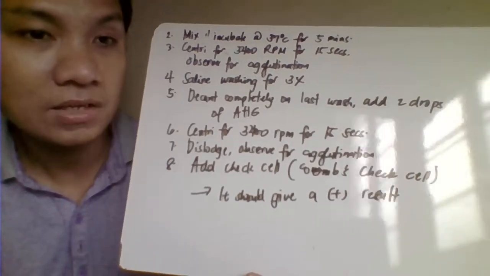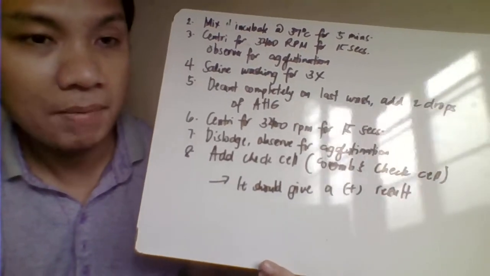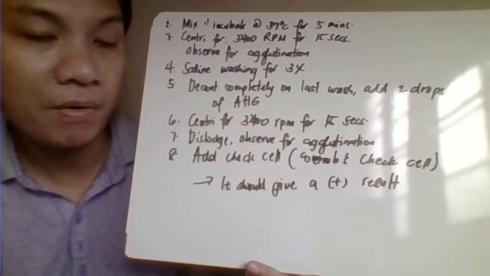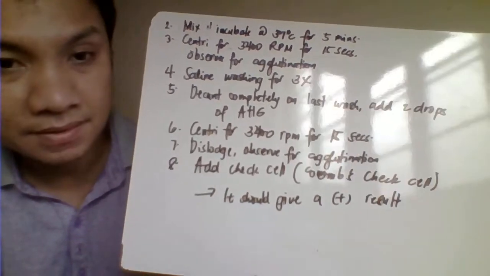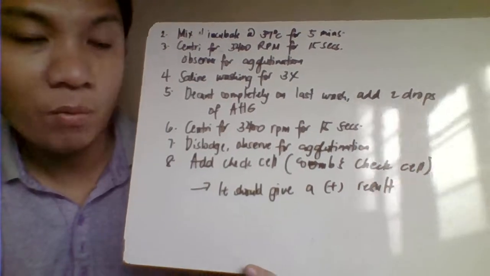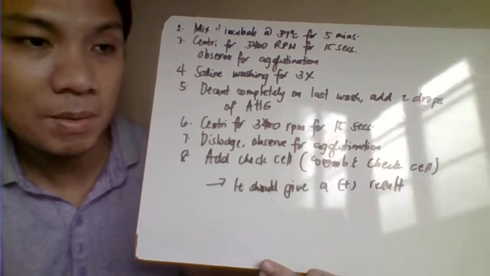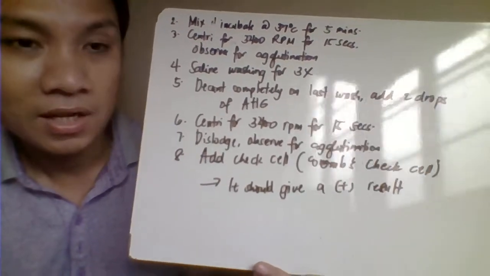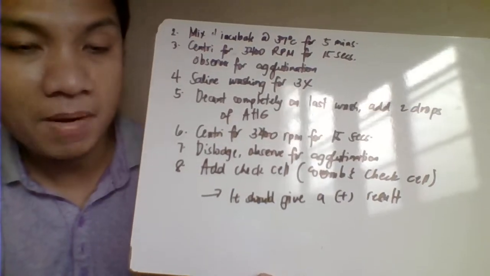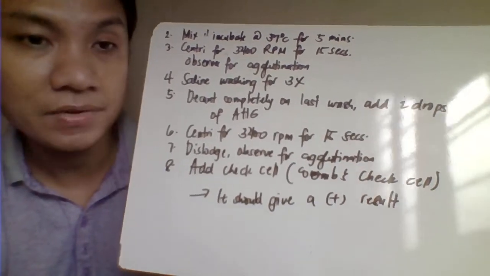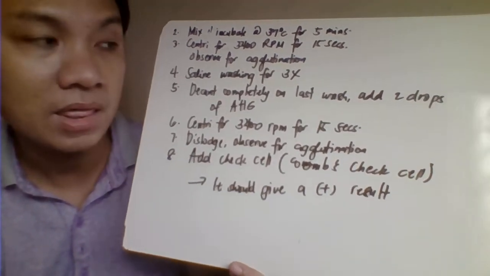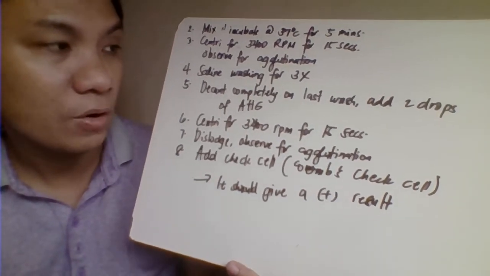observe for agglutination reaction. Okay, if there is no agglutination reaction, perform saline washing 3 times. Make sure that every wash, you decant completely, especially on the last wash, to remove the unbound plasma globulin that might give a false negative reaction upon addition of our anti-human globulin.